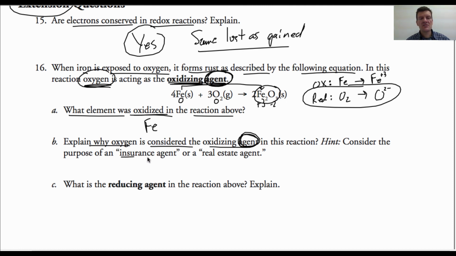Consider the purpose of an insurance agent or real estate agent. So here's what I use to explain it. When you see the word agent, the agent is not the one doing the action. The agent is somebody who helps you do the action.